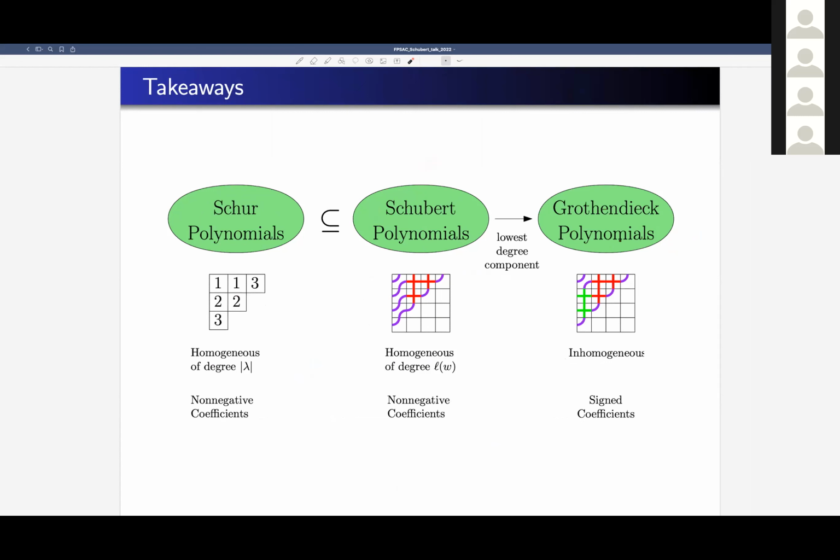Recently their top degree has been established to be the Castelnuovo-Mumford regularity of the matrix Schubert variety in recent work by Karola, Spire, and Weigandt. Hopefully I'm saying it right. And the lowest component, of course, is the Schubert polynomial, which has degree the length.